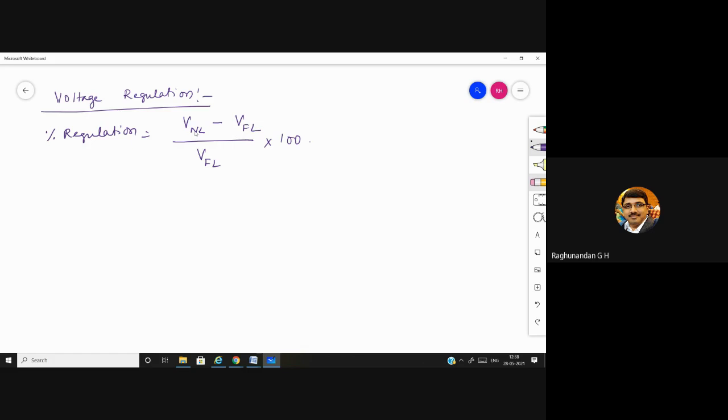Say here no load, full load. As the English meaning of no load, full load seems to be like no load means there is no load, full load means there is heavy load. But actually the electronics meaning of no load is the maximum voltage obtained across the output.